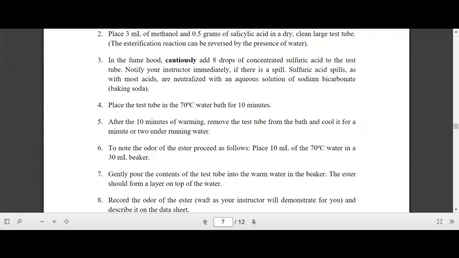So I won't be able to keep both pages on, and I would depend on your procedure. So I will ask you to give me the steps of the procedure. So please keep your procedure page open. Do not leave only the data sheet open. You should actually leave the procedure page open, perform the experiment, and as you end up with a result of the experiment, you record that in your data sheet.